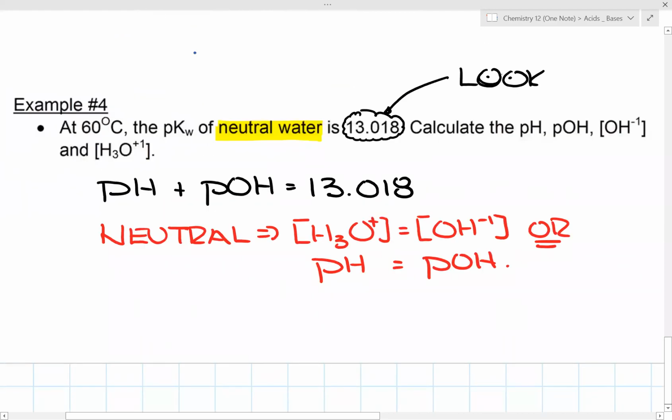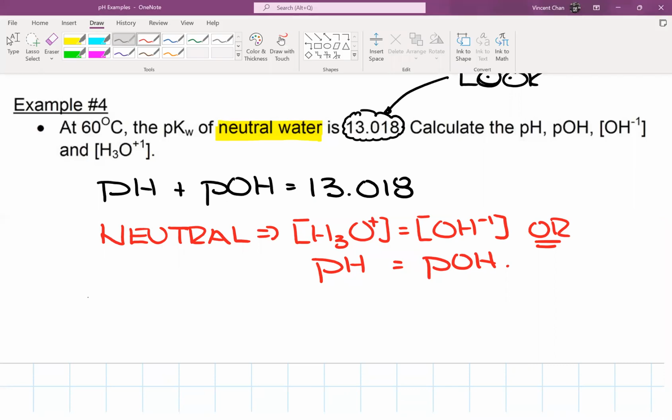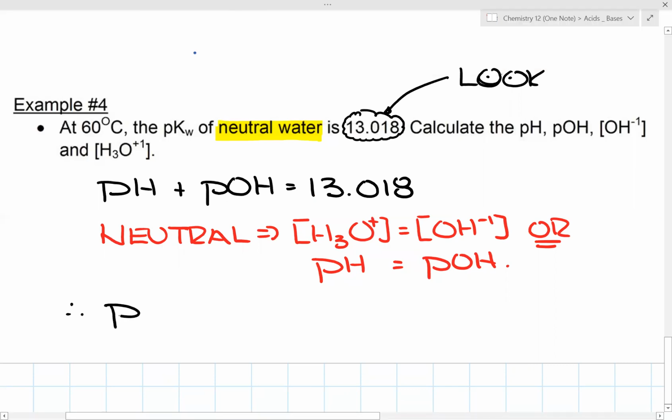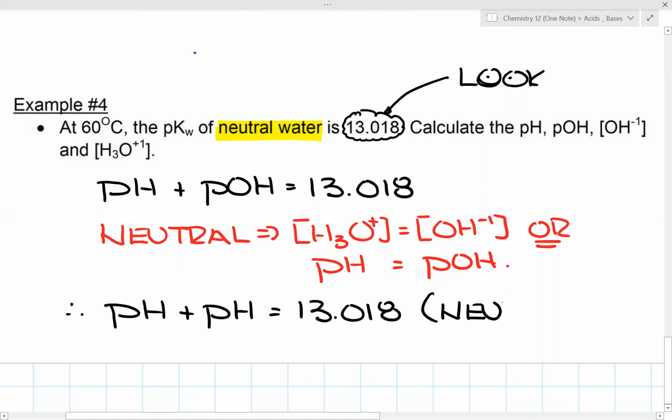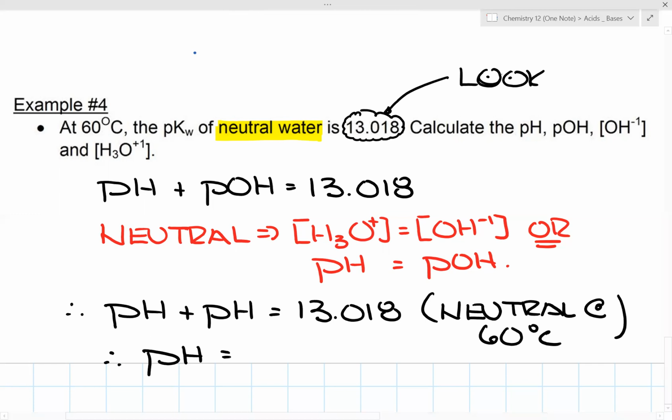So can I rewrite this equation? Therefore, I can rewrite the equation as pH plus pH is equal to 13.018 for neutral water at 60 degrees Celsius. So therefore, pH would be 13.018 divided by 2, so that would be 6.509.